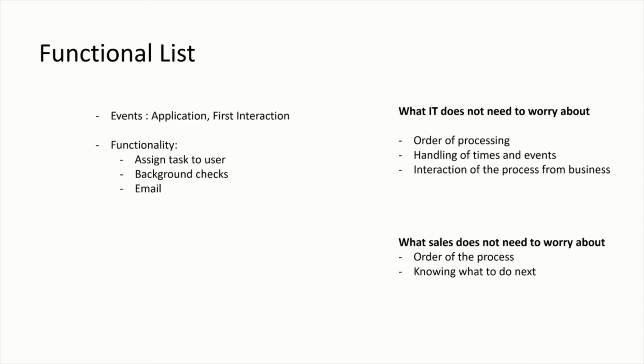All right, so let's talk about the perspective of IT. What does IT care about in this application? They care about events. So using workflow means what events need to occur. Of course, this is just a high-level view, but we're talking about an application comes in. So this is an event.